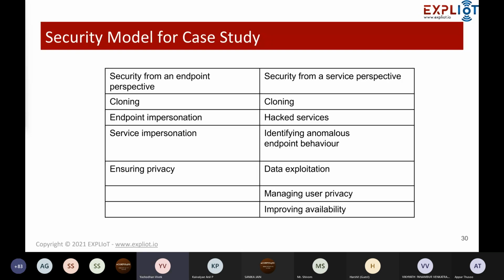Now, what should the security model think from the attack perspective? The endpoint can think from the perspective of whether the device is being cloned. If the endpoint is impersonated, meaning that, let us say, there is a machine doing some critical vibration measurement.